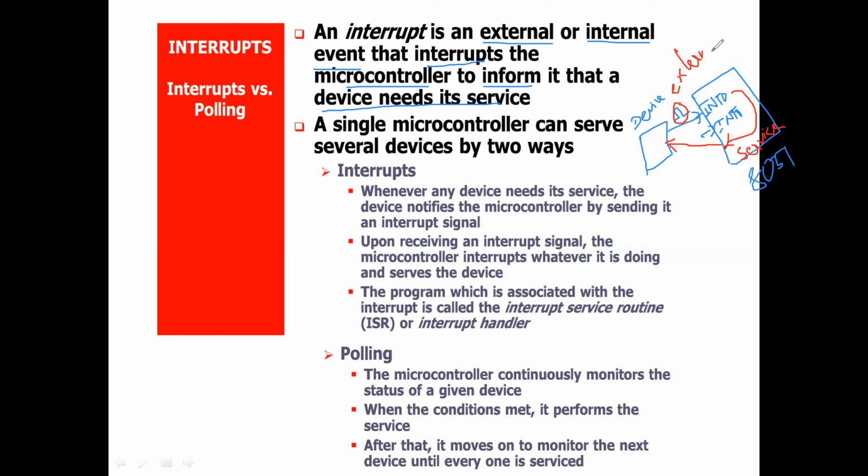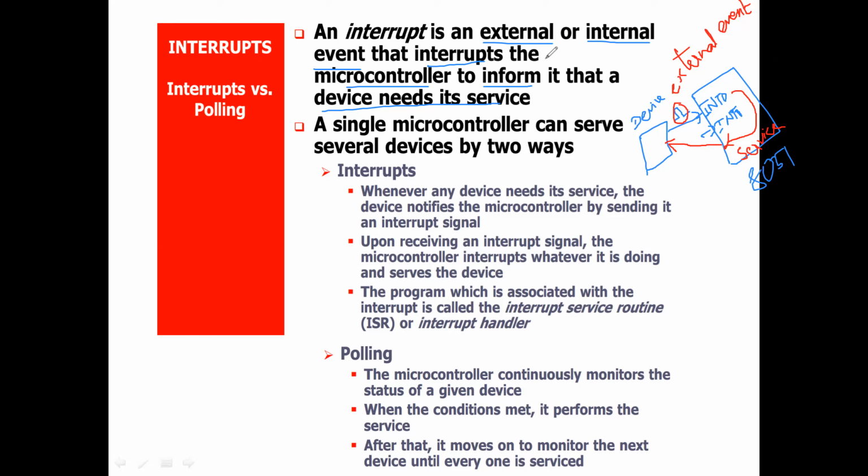There is an internal event also, which we call an internal interrupt. So this is the external interrupt, and we have the internal interrupt. As of now, you understand that an interrupt interrupts the microcontroller to serve the exact requirement.